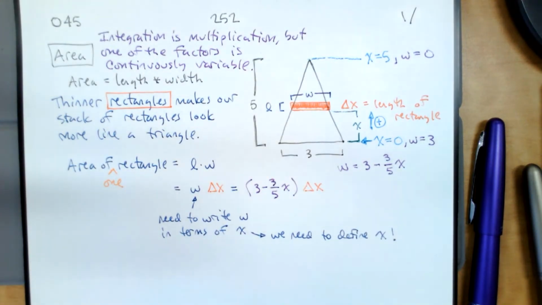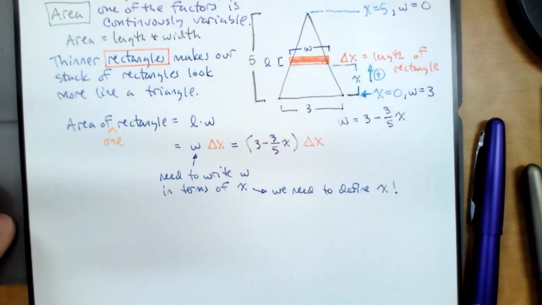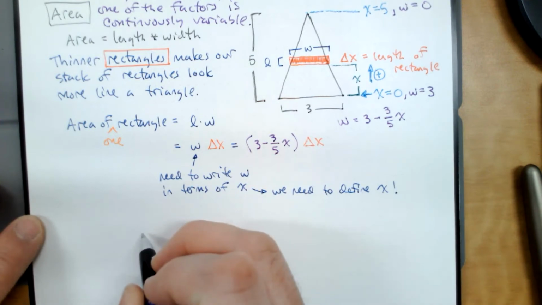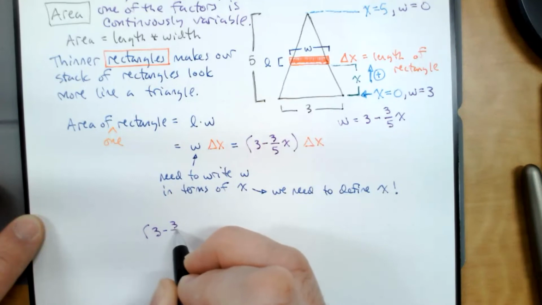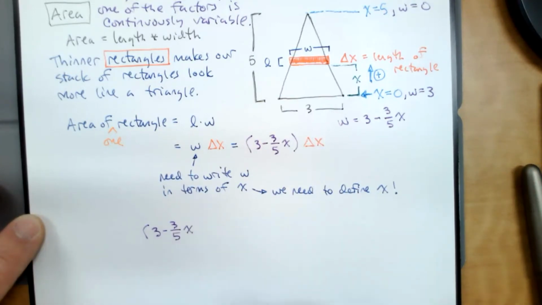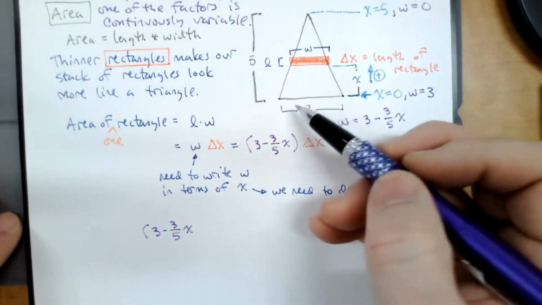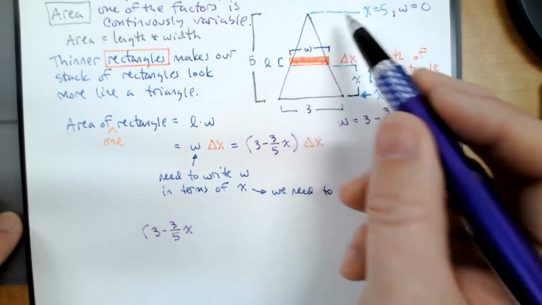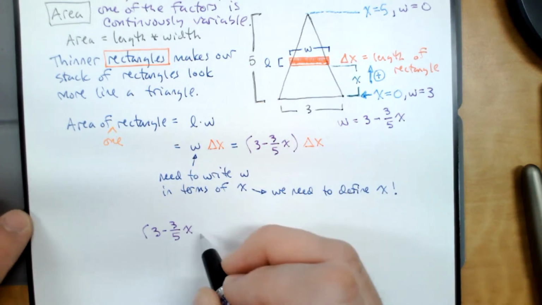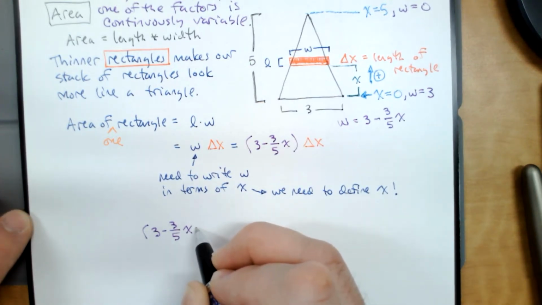So what we're going to do is view this triangle as a bunch of rectangles, and we're just going to add up all those areas. So we're going to take our area, and I'm going to subscript because I'm going to count. Here's the 0, the first one, the second rectangle, third rectangle, fourth rectangle, and we're going to have a bunch of rectangles, so it's going to be subscripted.